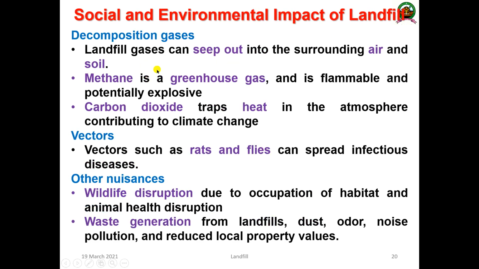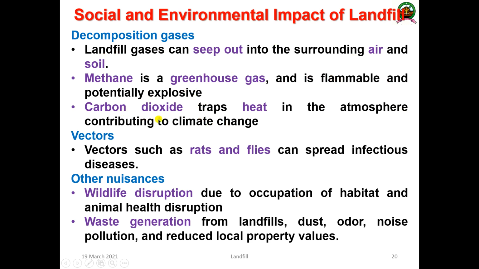Then there is the decomposition gas. The landfill gases can seep out into the surrounding air and soil. Methane, carbon monoxide and carbon dioxide are greenhouse gases, and methane in particular is highly flammable and potentially explosive.